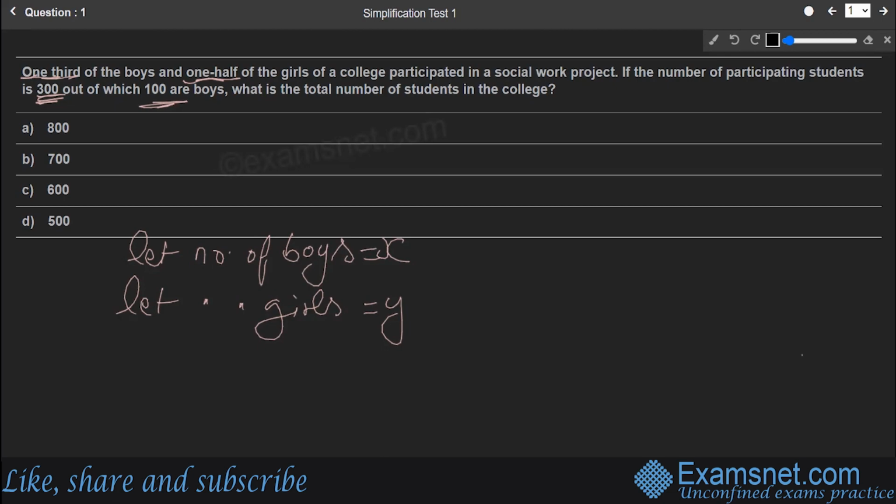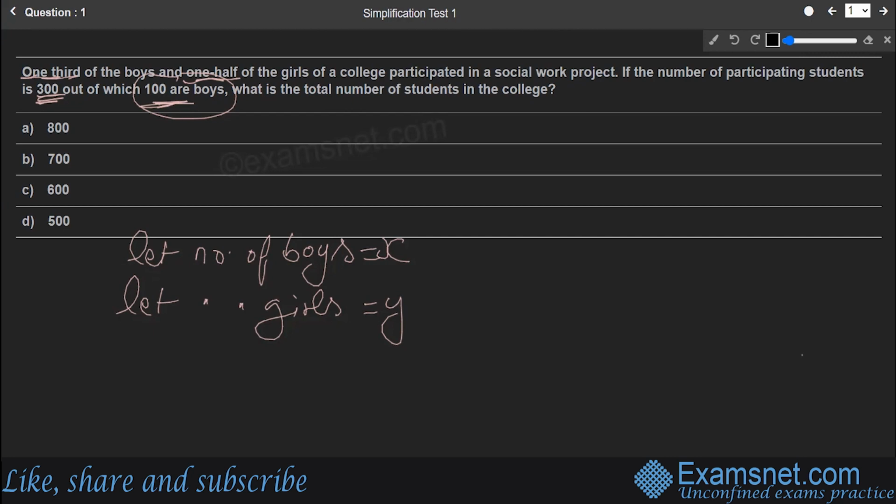He says 1/3 of the boys and 1/2 of the girls of a college participated. Okay, 1/3 of the boys participated, and in the next line he says the number of participating students is 300, out of which 100 are boys. Okay, the number of participating students is 300, and the number of participating boys is 100.